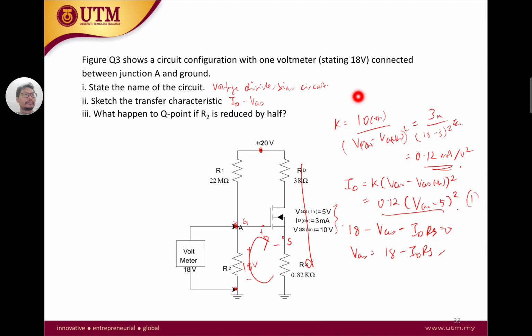For the drain source KVL loop, what we're going to have is 20 minus IDRD minus VDS minus IDRS is equal to 0, and therefore your VDS is simply equal to 20 minus ID times RD plus RS.